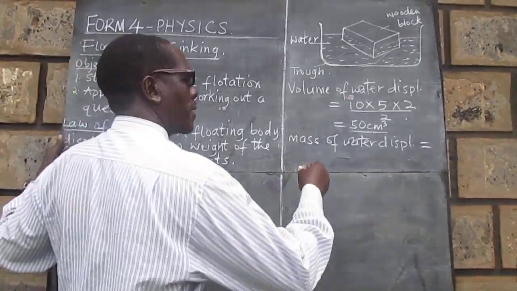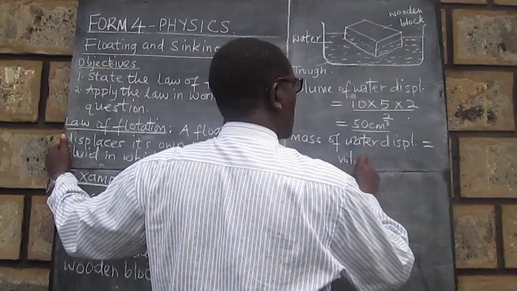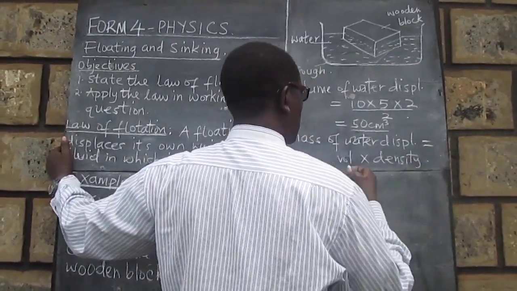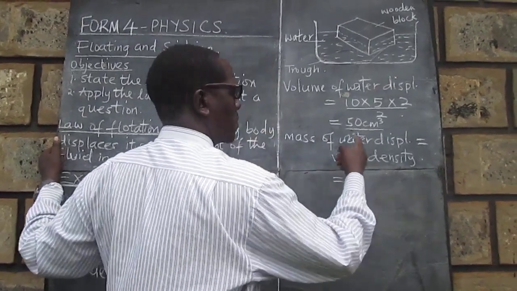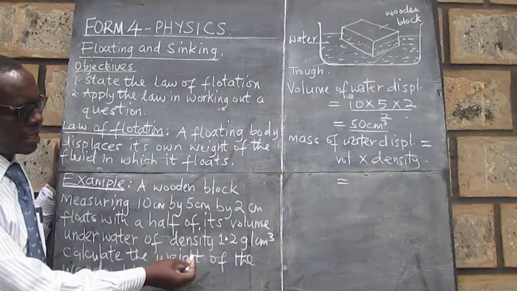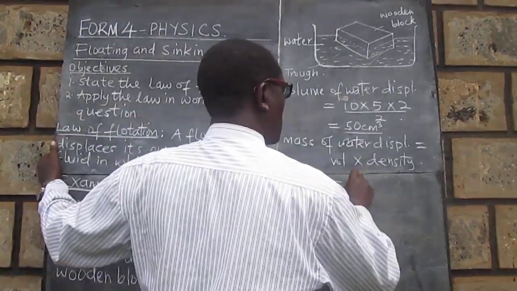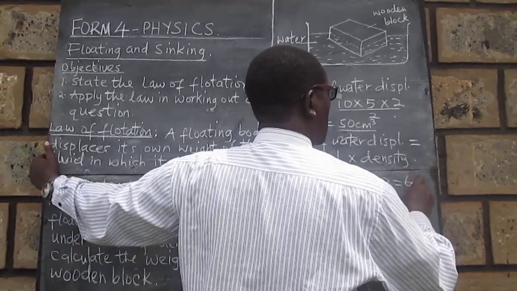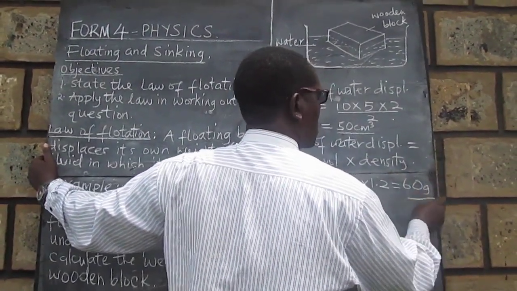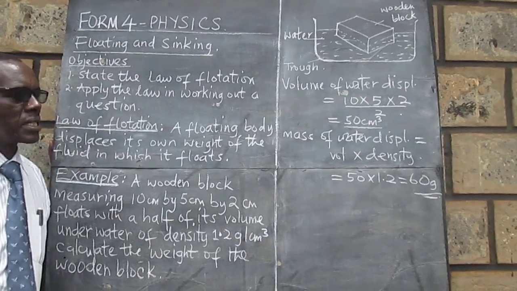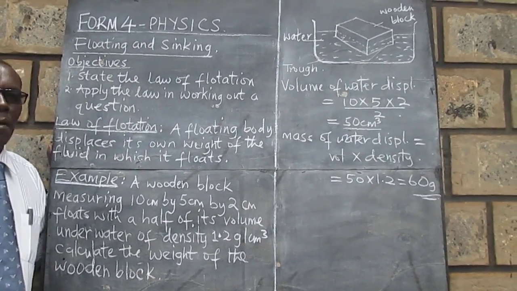And so we get the volume is 50 cubic centimeter. The density is here. So the mass of water displaced is 60 grams.